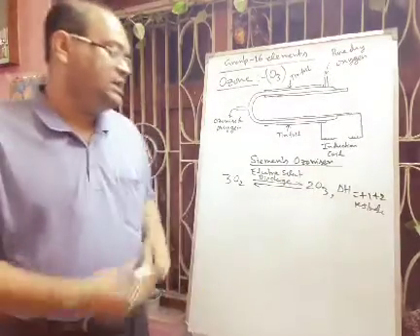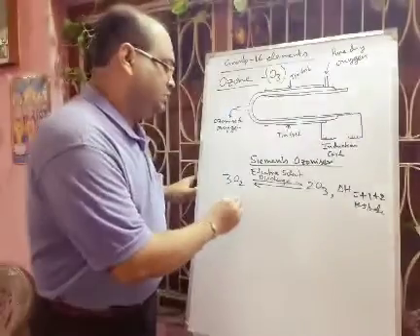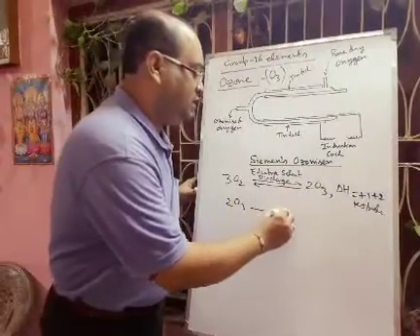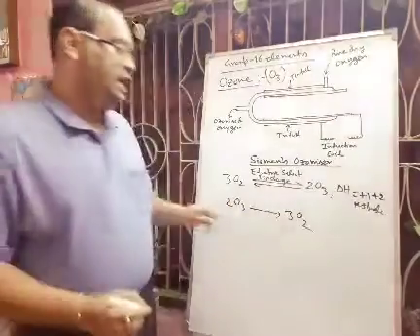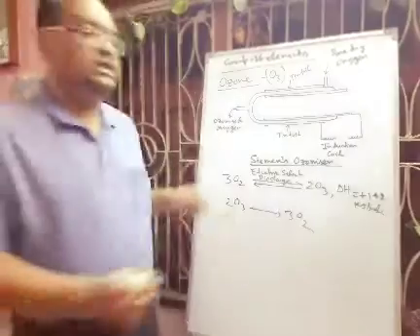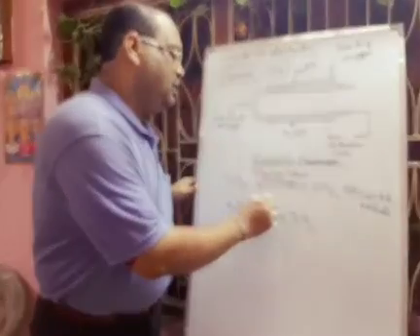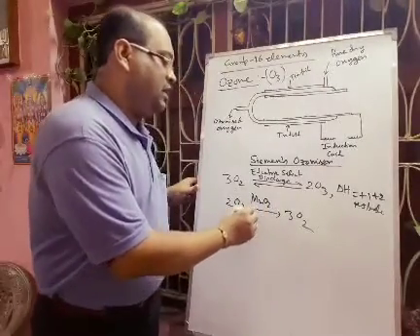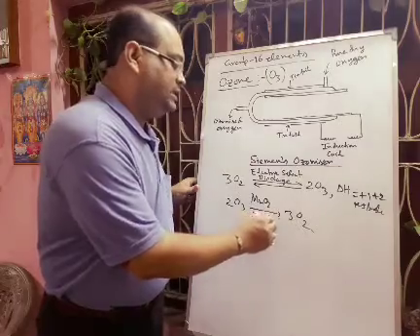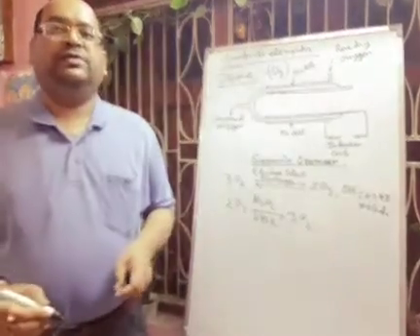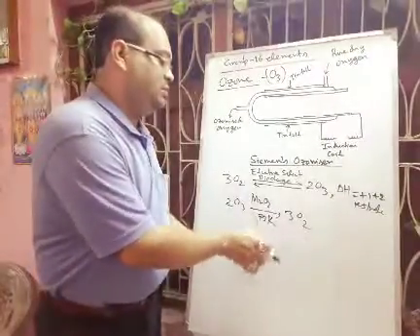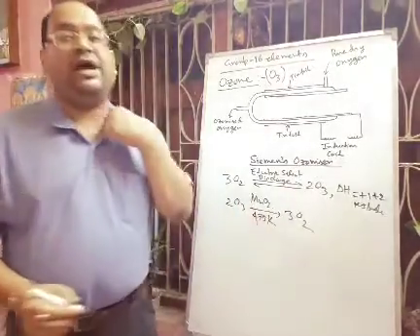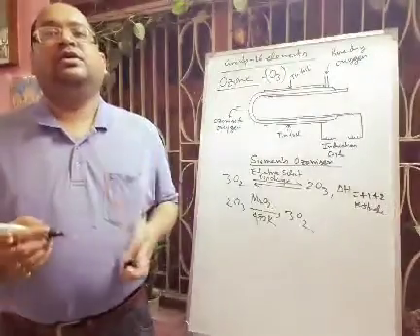So here, 2 O3 forms 3 O2, using catalyst MnO2, and the temperature will be around, sorry, 473 Kelvin, not 273. 473 Kelvin, higher temperature is required.